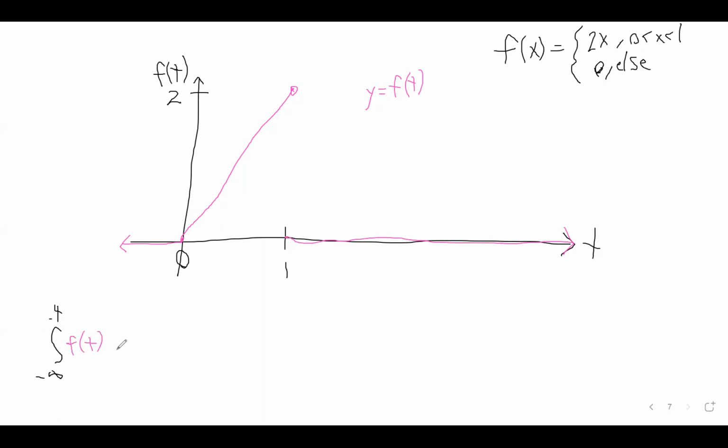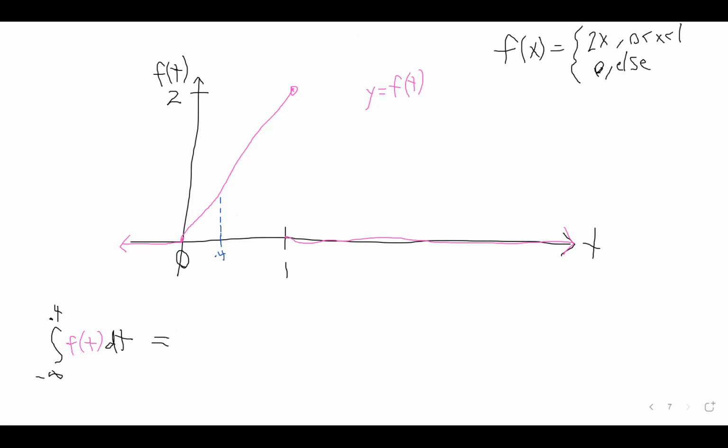When I integrate this PDF from negative infinity to 0.4, we find the area under this function. So where is 0.4? 0.5 would be in the middle, so 0.4 is a little bit to the left of that. We have 0.4, which is right here. So we want the area under this graph from negative infinity to 0.4.